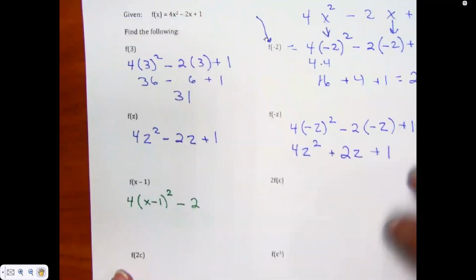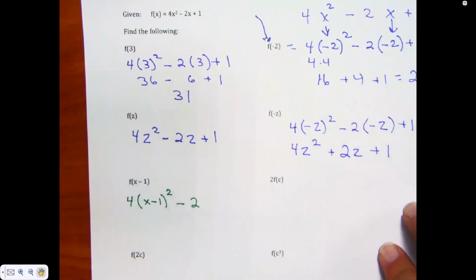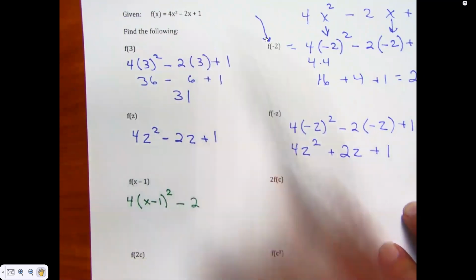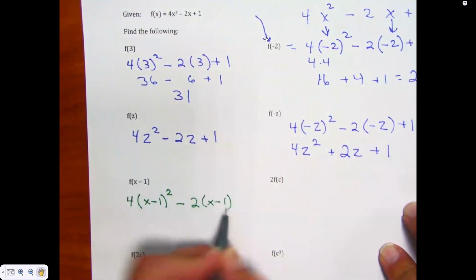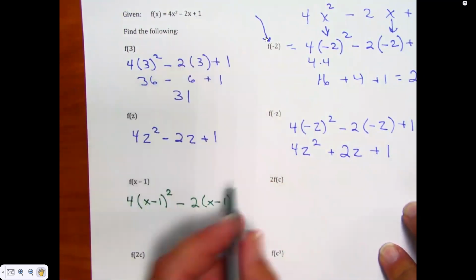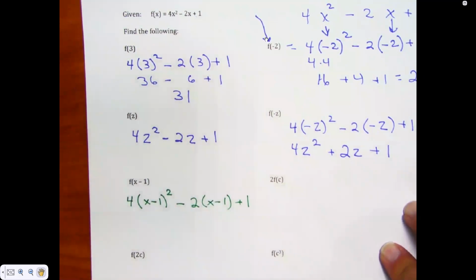In place of x, I write x minus 1. And then I still have to do plus 1. We could actually multiply this out and make it smaller, but I'll let you leave it like that.